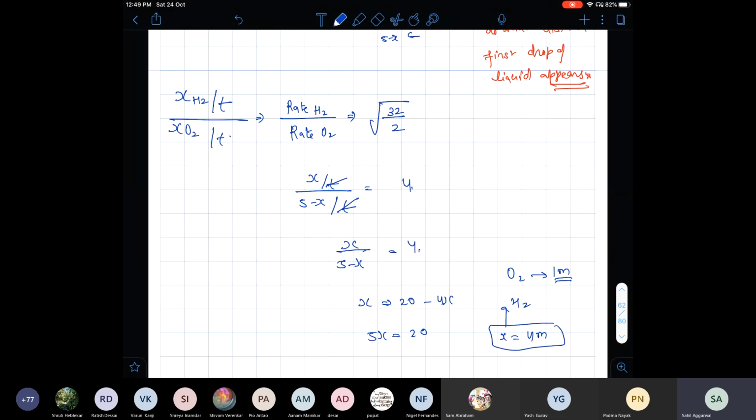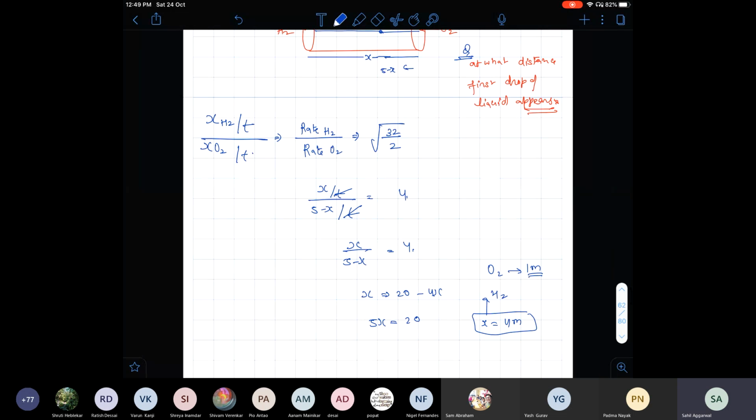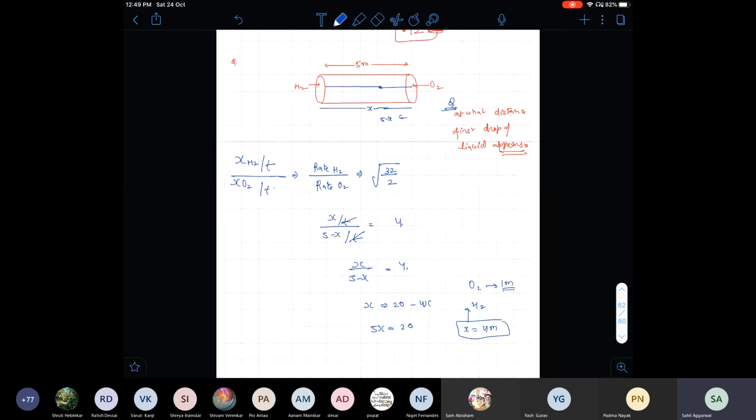Very good, Varun. Very nice. Joseph, Sanika, Pranil, Sakshi, Sanika, Shifa. Very good. All of you understood this question?